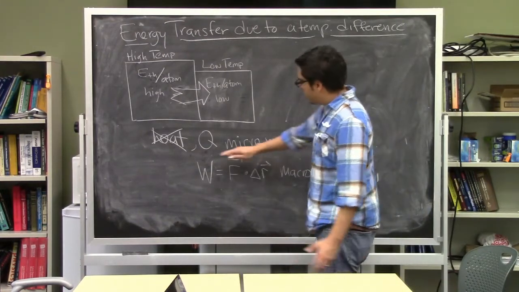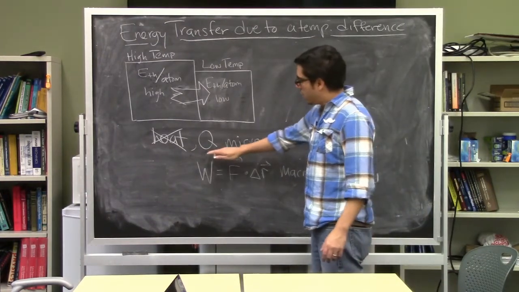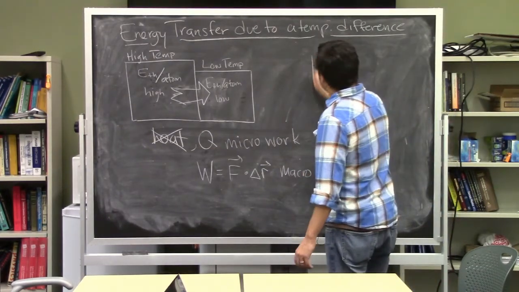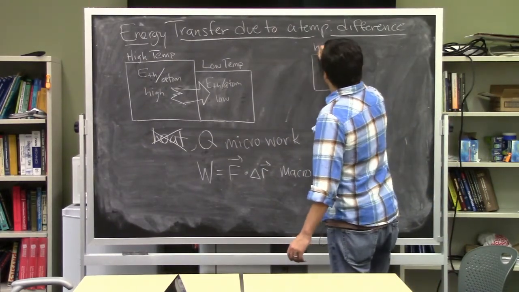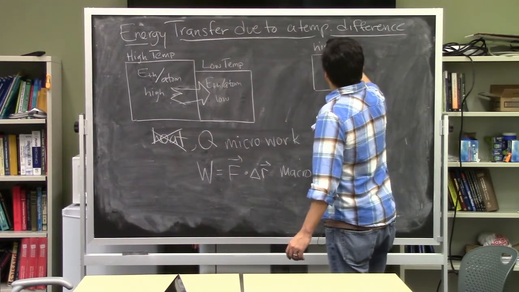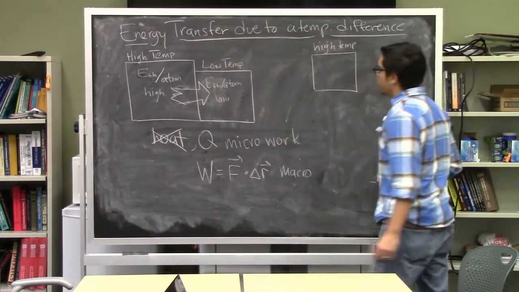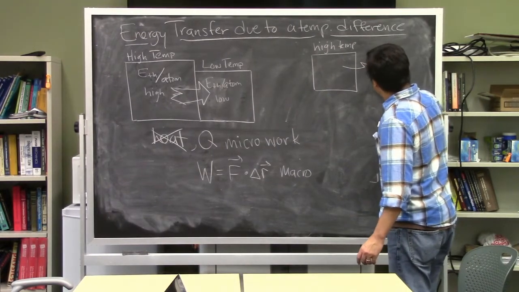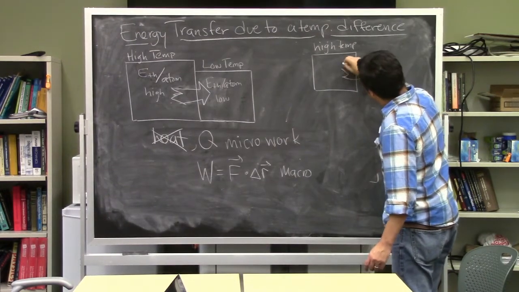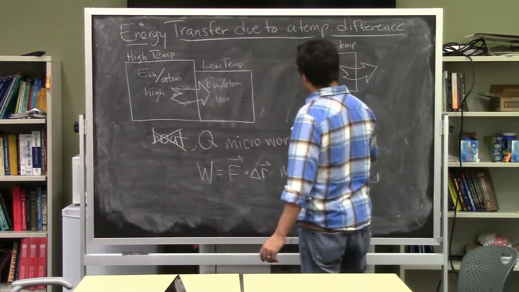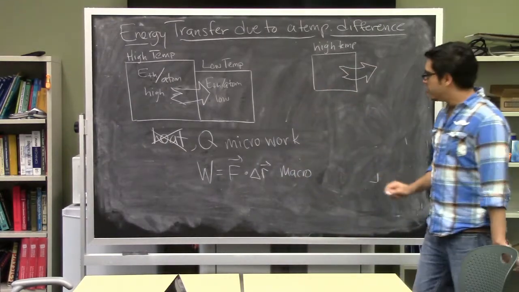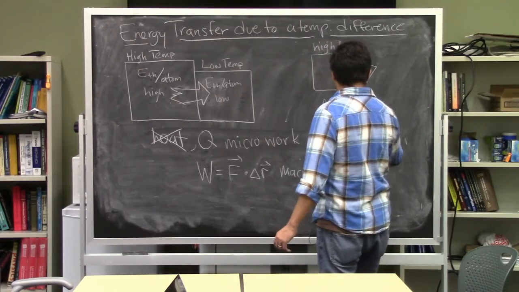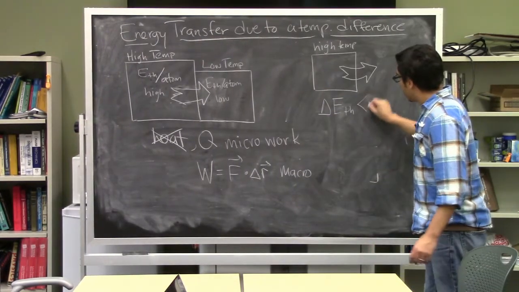What we'll find is, in fact, that Q can take on positive and negative values depending on the system you're looking at. So for a moment, let's consider the high temperature block. And we know that there is some thermal energy that is going across this boundary. It's going out of the system. And so if we're going to connect this to the energy principle, we know that the thermal energy of this high temperature block is going down.